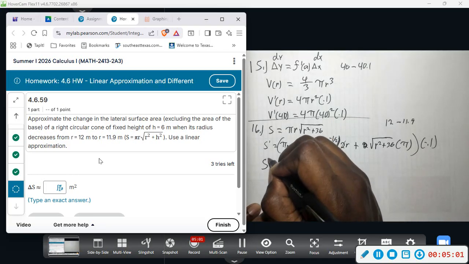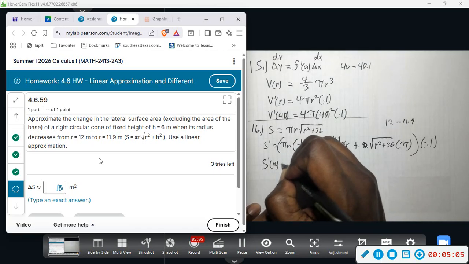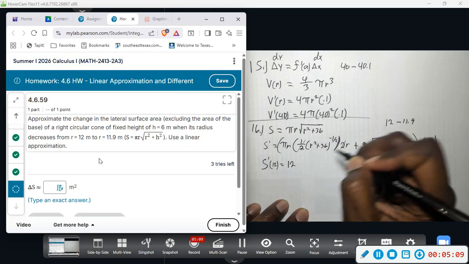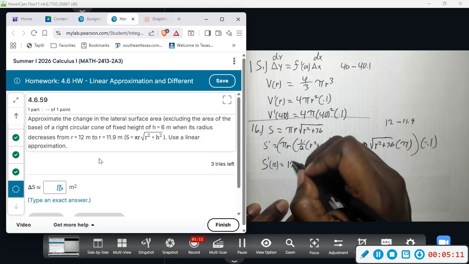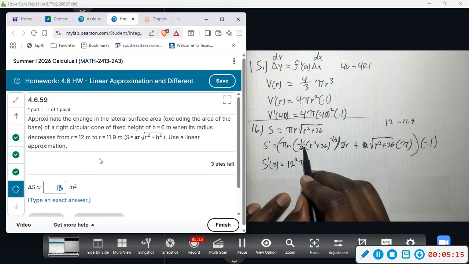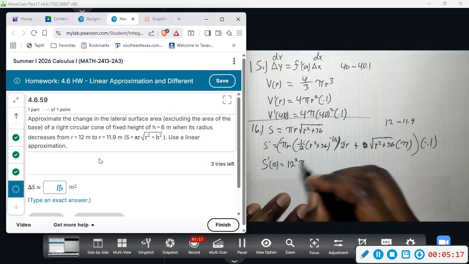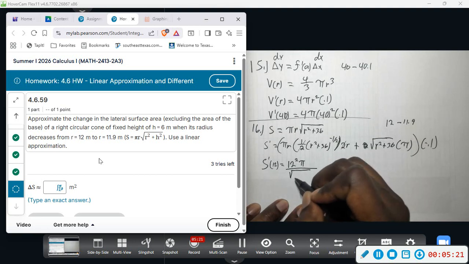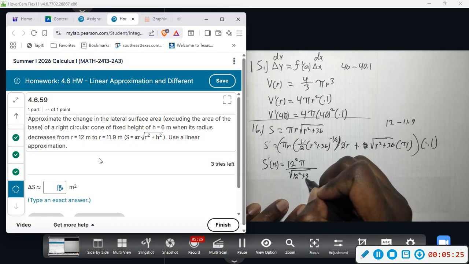So s prime of 12 is going to be 12 times 12, so it'll be 12 squared times pi, and then all of this is going to go to the bottom, so it'll be over the square root of 12 squared plus 36.